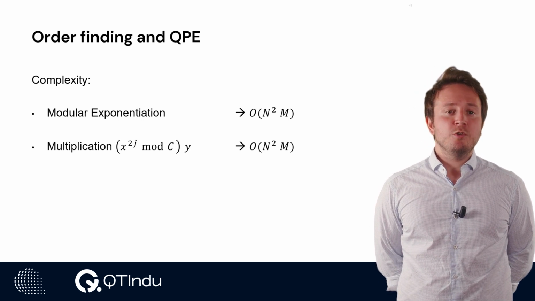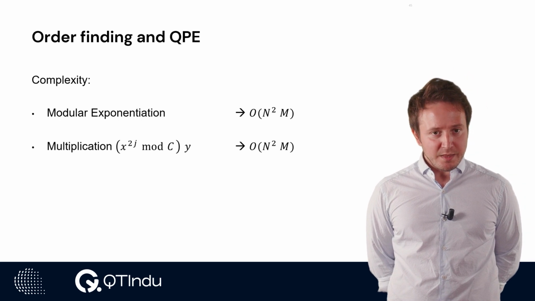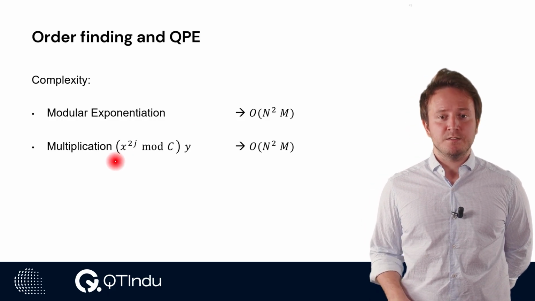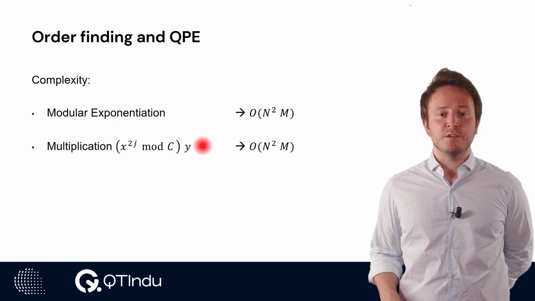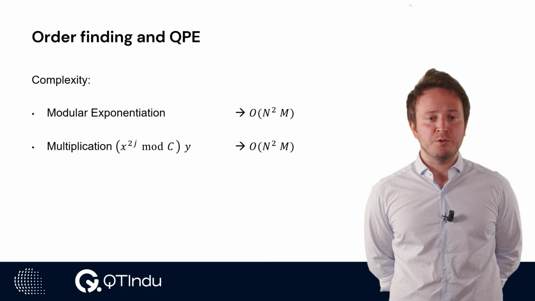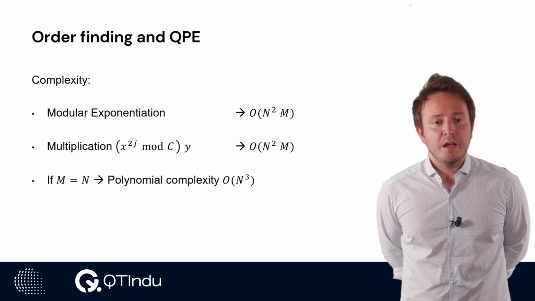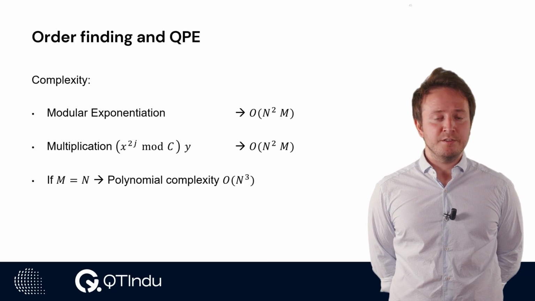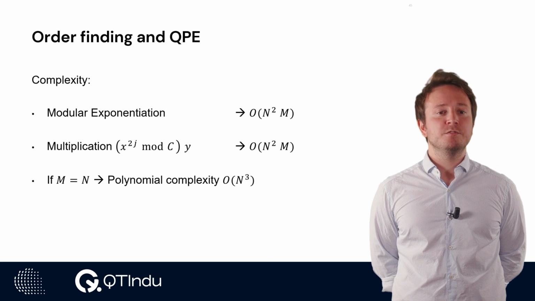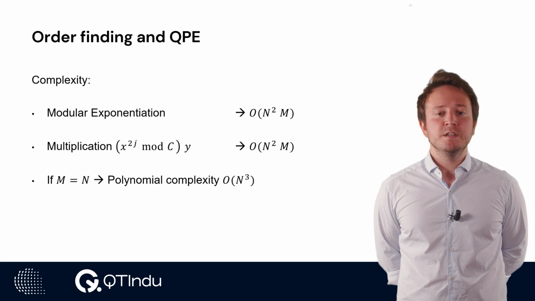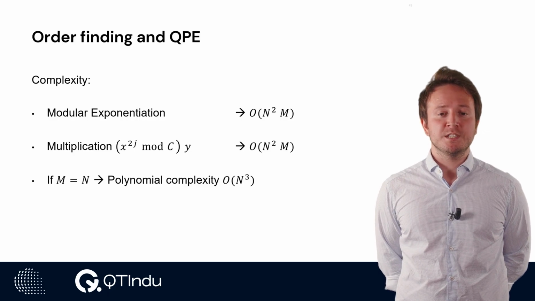On the other hand, we then also need to multiply every time the modular exponent times the code word y, and this gives another n squared times m operations. And if m, the number of bits in the two registers, is equal to n, which is enough to estimate to a reasonable order the order of the number, then we get a polynomial complexity that scales as O(n^3).